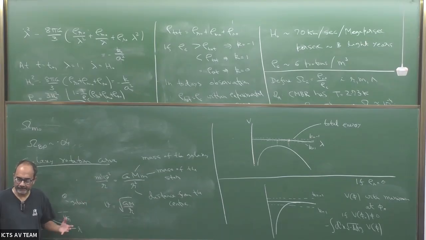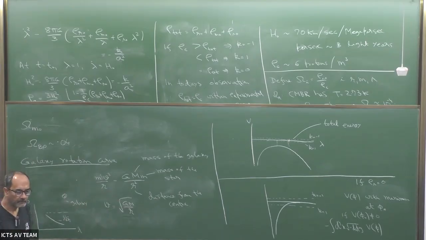And their density can be estimated based on this galaxy rotation curve and various other experiments. It's not just one experiment, it's a combination of many experiments that can be used to estimate the density. It's at the weak interaction scale or less.